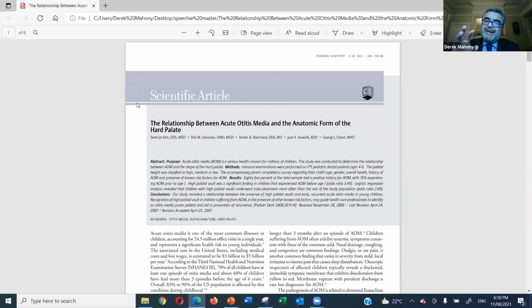Now, this comes from a pediatric dentistry journal. So you as a speech pathologist probably would not have this on your reading list, but it talks about the palate and otitis media. So a lot of your children that you see every day will have what's called recurrent otitis media. And that simply means middle ear infection.